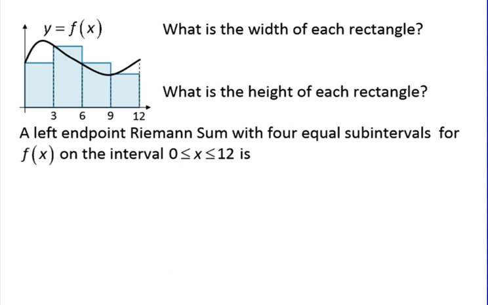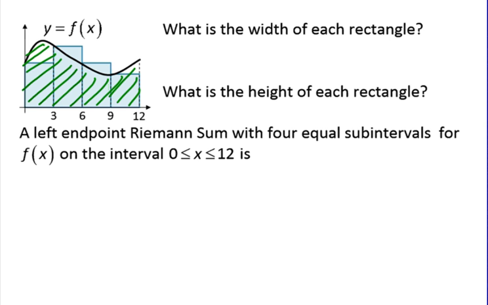Here's a curve, which is typical of what you would see in a calculus problem. It's not just straight lines like we saw in the first problem. I want to calculate the area underneath this curve, in other words, all of that, because that would be called our accumulation.